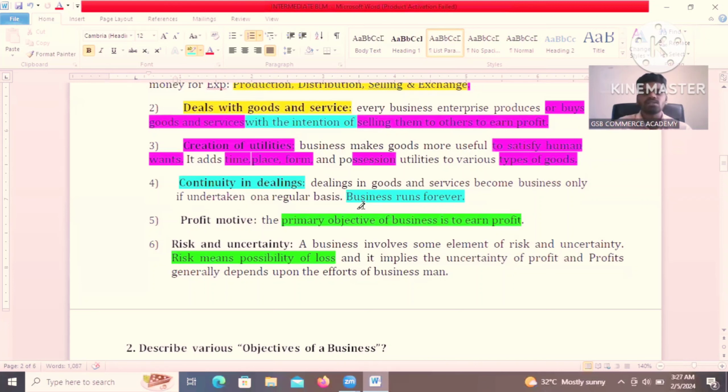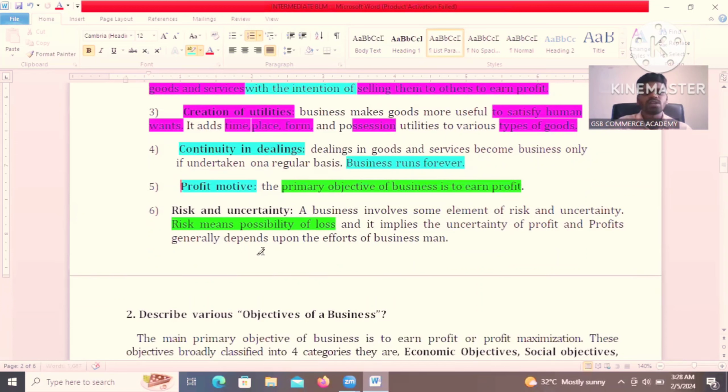With this intention, business can run long-term, and with the introduction of more business branches throughout the world, it earns more profits. This is the feature of continuity in dealings.